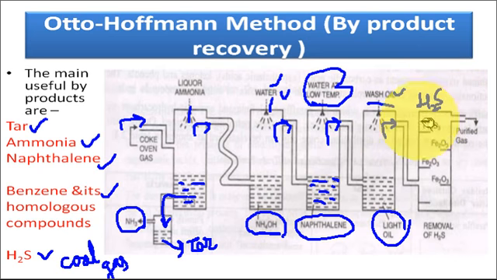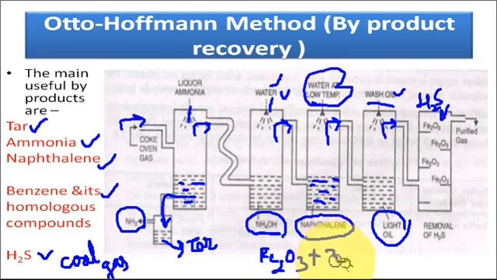So to remove the H2S impurity, we pass the remaining gases through a catalytic chamber which contains iron oxide as a catalyst. This iron oxide absorbs the H2S in this way and converts it into iron sulfide and H2O.